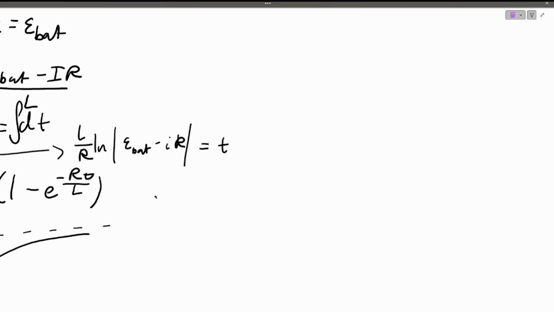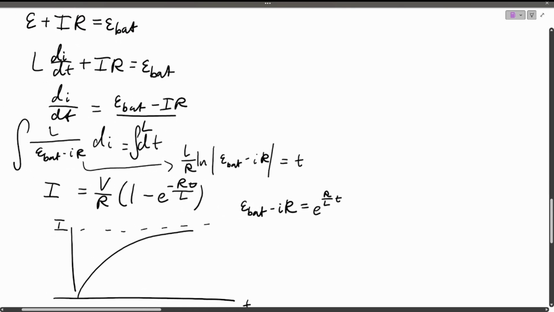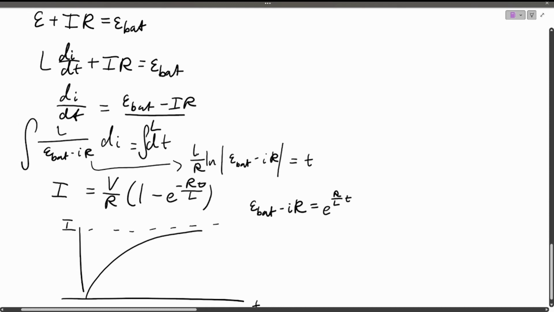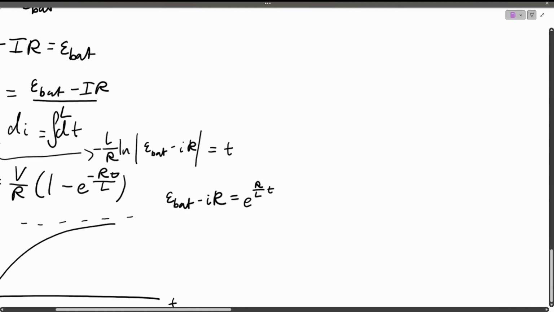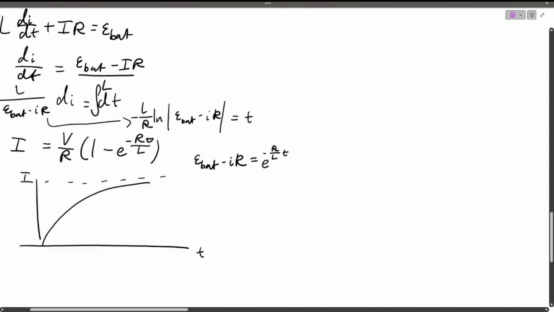So we end up with minus IR is equal to e to the R over L t. Lost a sign. This is supposed to be negative because we have a negative IR inside there. So there we are.